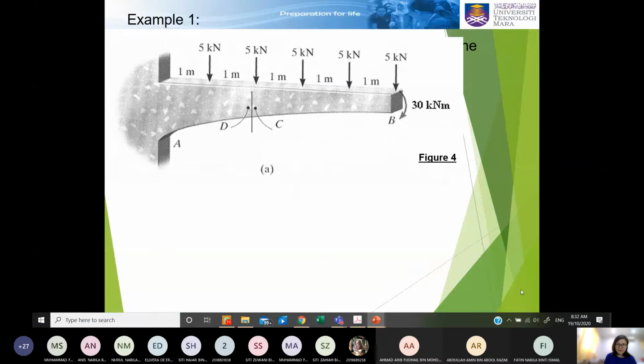Now we have idealized the beam just now, with all the loads. Now we want to cut at, let's say, CC.